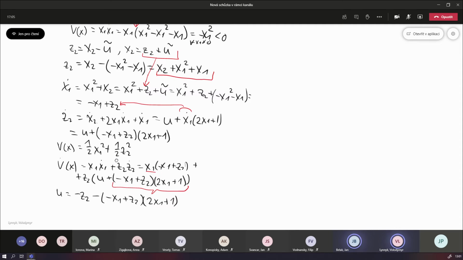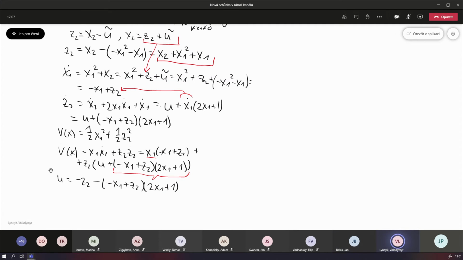We need to cancel this term too. So minus z2, minus this part, and minus x1.